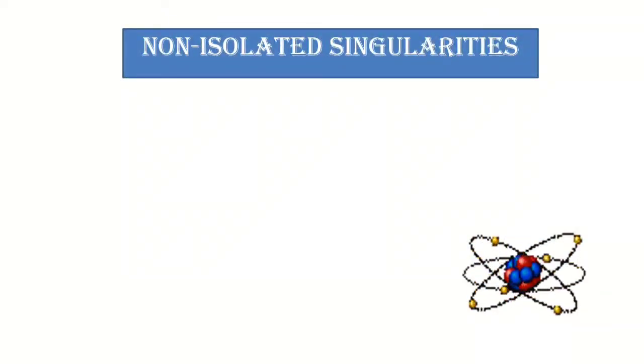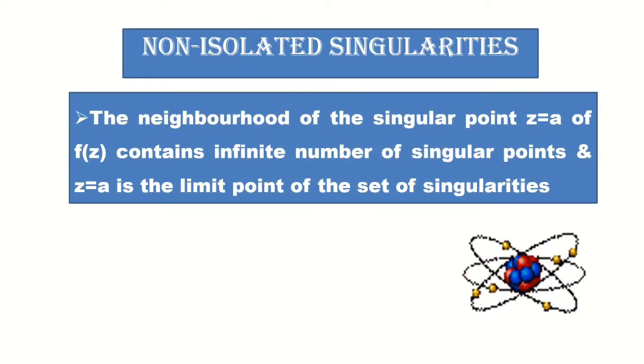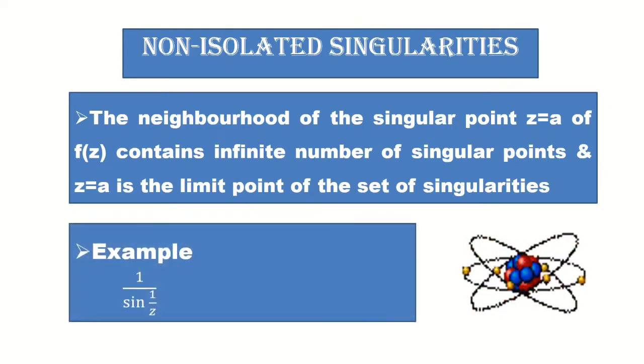If f(z) has an infinite number of singular points in every neighborhood of z = a, and it forms the limit point of this set of singularities, then it is called a non-isolated singularity. Example, consider the function f(z) = 1/sin(1/z).